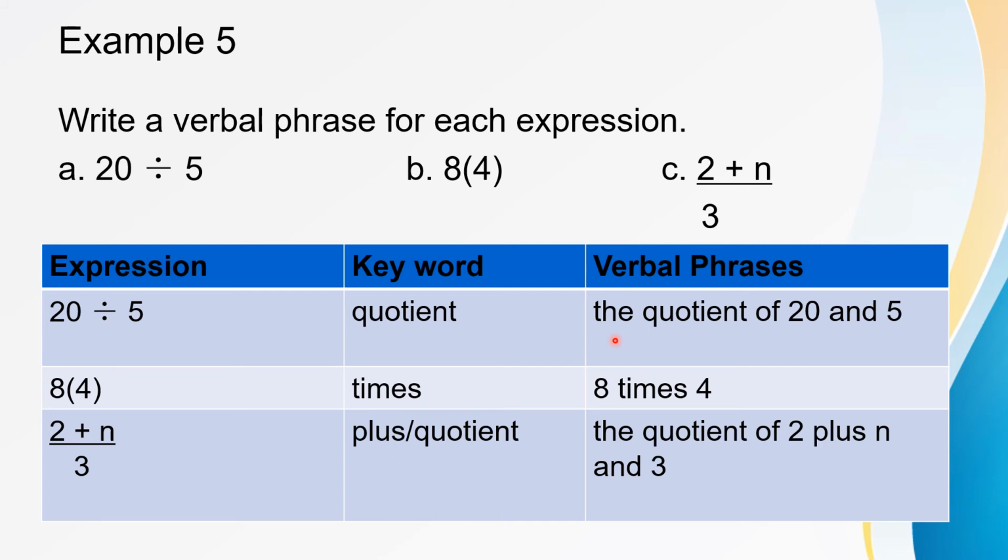So we can use the quotient of 20 and 5. For 8 times 4, the keyword is times, so 8 times 4. For 2 plus n over 3, the keywords are plus and quotient, no? So that means the quotient of 2 plus n and 3. Okay?